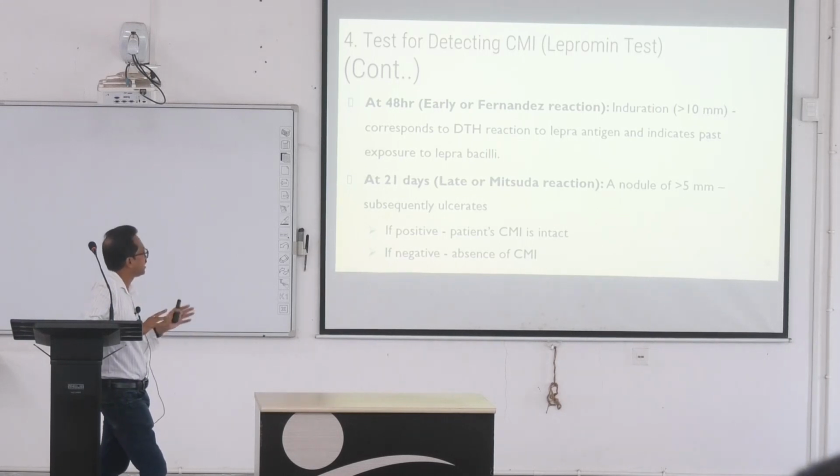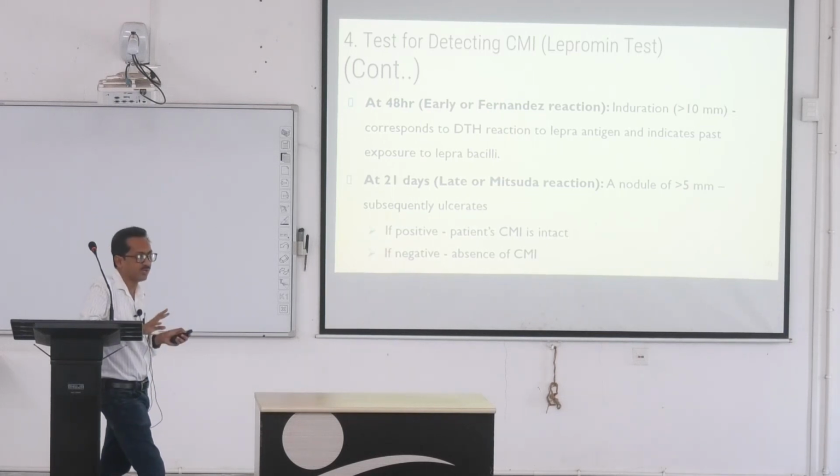If positive, it shows the patient's cell-mediated immunity arm is intact. If negative, there is absence of cell-mediated immunity. So induration more than 10 millimeter after 48 hours is the early or Fernandez reaction, and the late reaction is the Mitsuda reaction.